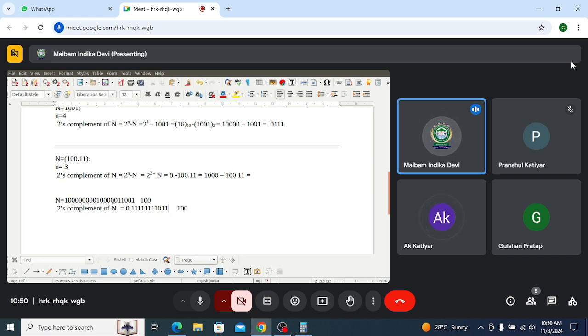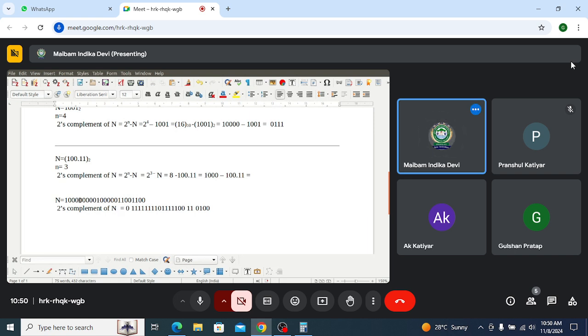So again 1 2 3 4 5 ones, and then 1 1. So it will be 0 0 0, then 0 0 again will be 1 1. And then a final 1 out here, so it will be a 0. So you just combine them. Now this is the 2's complement of this given value of n.